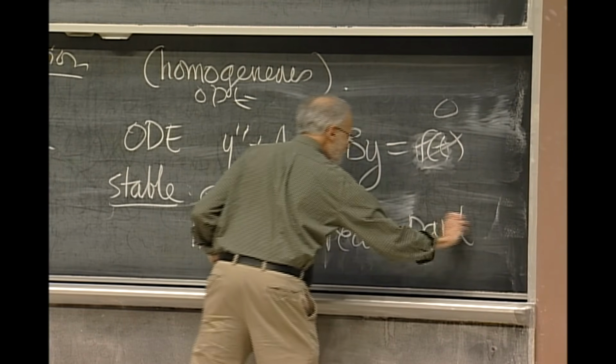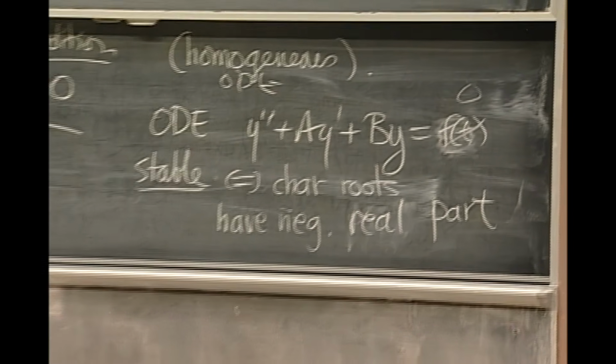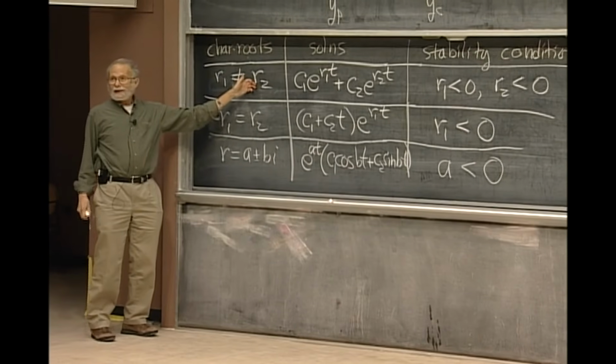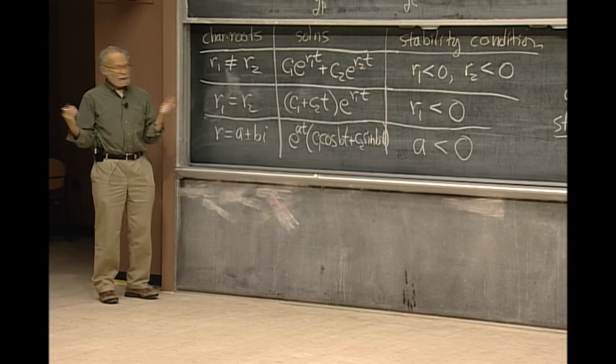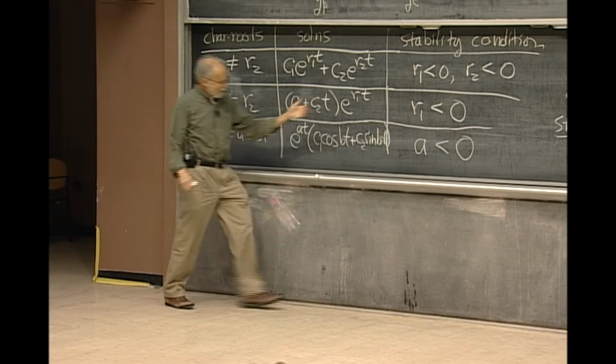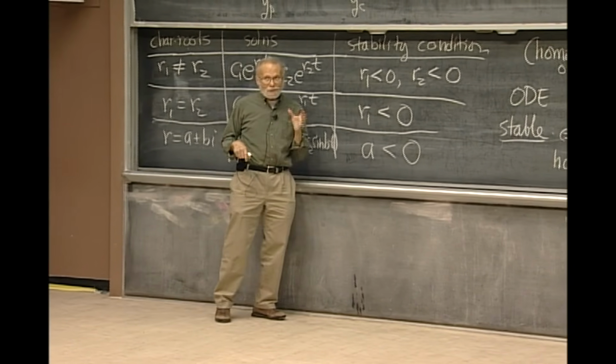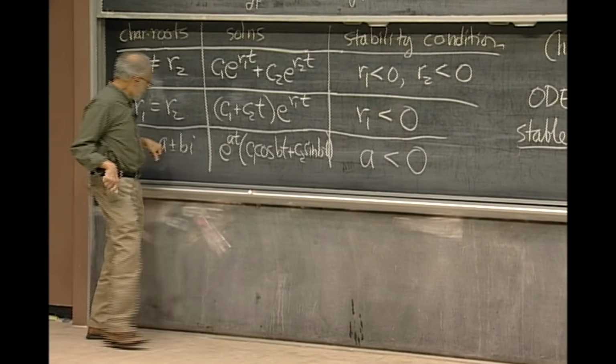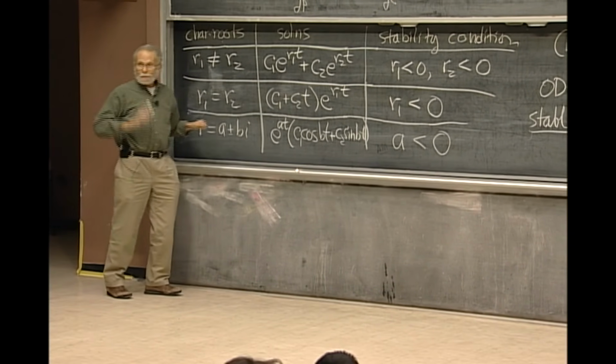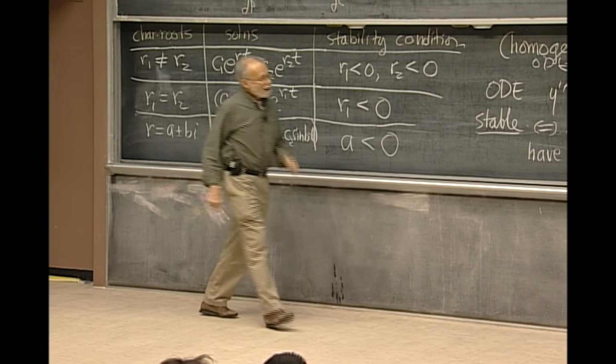Isn't it right? Is that right here? Yeah. What's the real part of these guys? They themselves, because they're real. What's the real part of this? Yeah. The only case in which I really have to use real part is when I talk about the complex case, because a is just the real part of the complex number. It's not the whole thing.